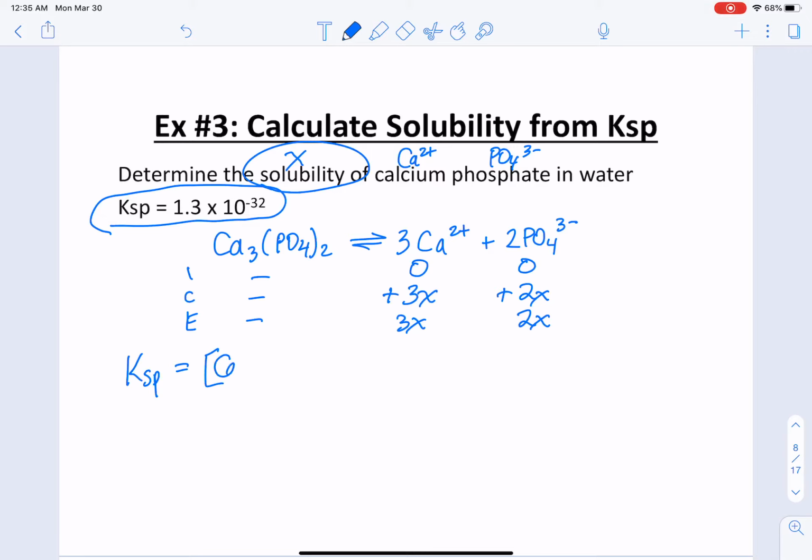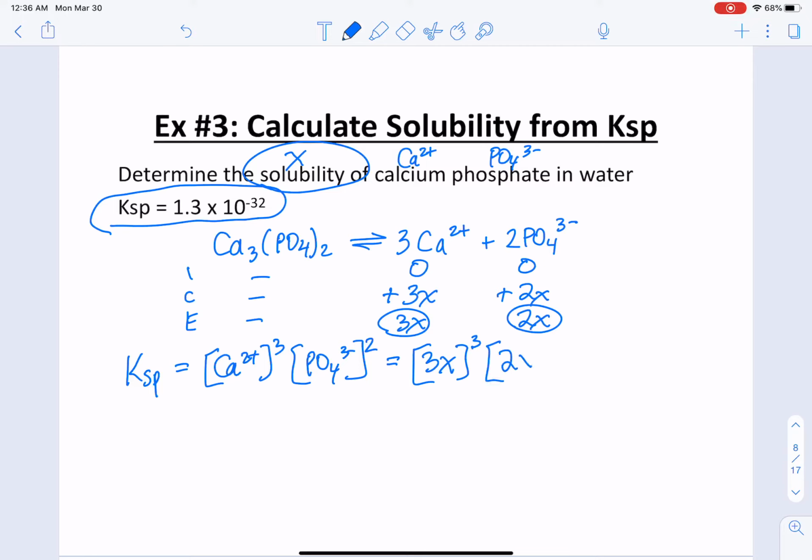So this would be calcium cubed, phosphate squared, and now I can plug in my values for each of those. So that would be cubed, and 2x for phosphate would be squared.